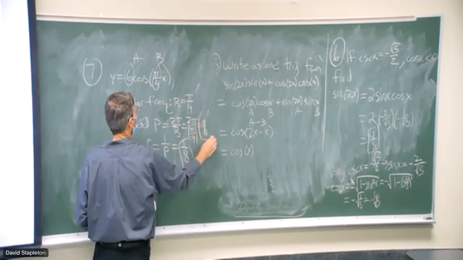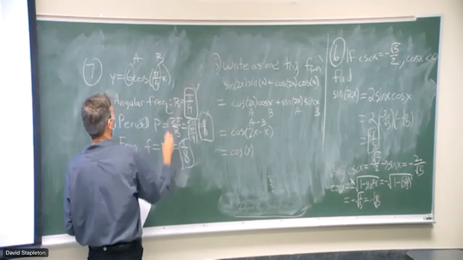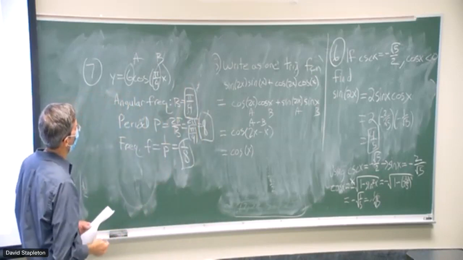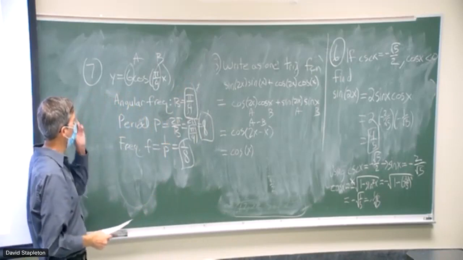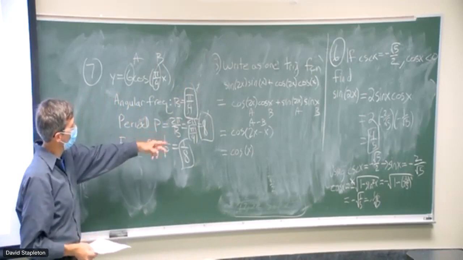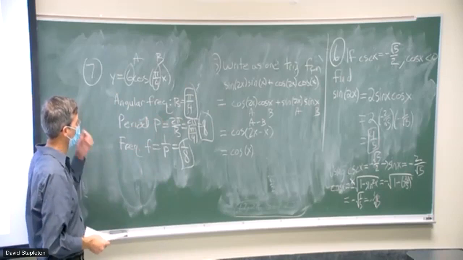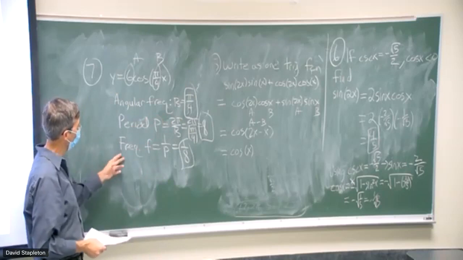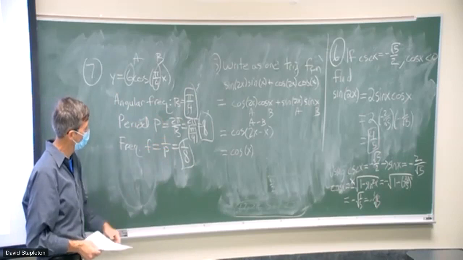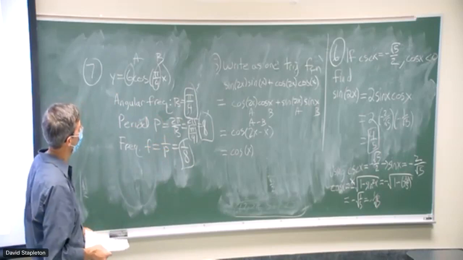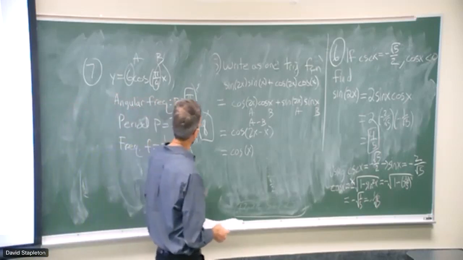So those are the 3 answers there. Pi over 4 is the angular frequency, how many radians per second are going by. Period, it takes 8 seconds to complete one cycle, and then frequency is 1/8 of a cycle per second.